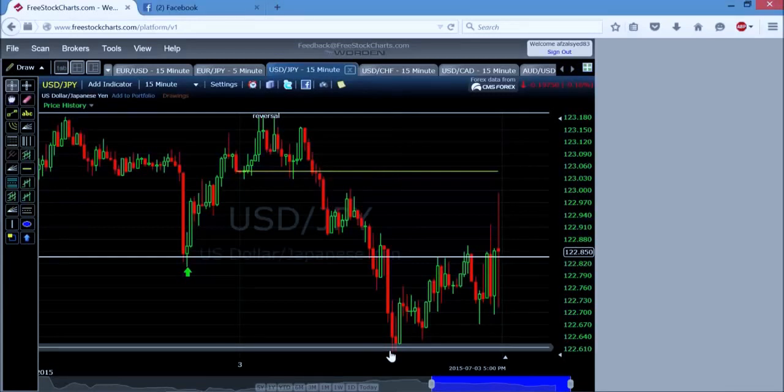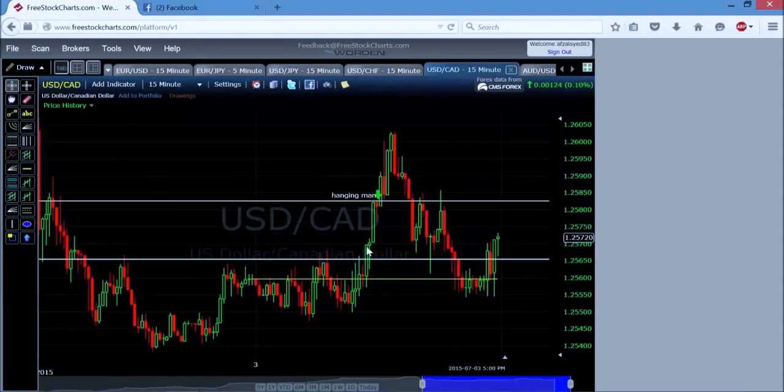But if I gave you an SR after this candle closed, now this candle again is almost like an inverted hammer. To explain what a hammer is, let's go to, I think I have one in USD CAD. Yeah, a hanging man or a hammer.